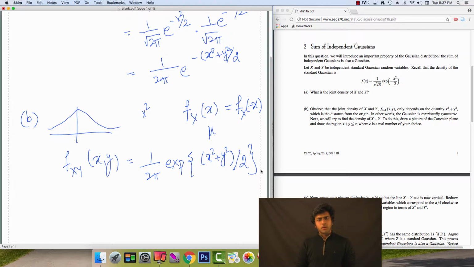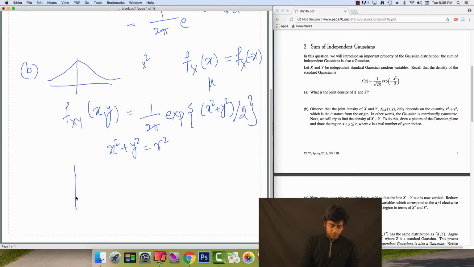So notice, not only is this symmetric for negative x and for negative y, for any combination where x squared plus y squared equals r squared, i.e. for anything on a circle, the PDF has the same value, which in particular implies that if you were to plot this, say in 3 dimensions, not only would you get symmetry of this form, everything in this region would have the same height. Why is this good? We'll see that going forward.